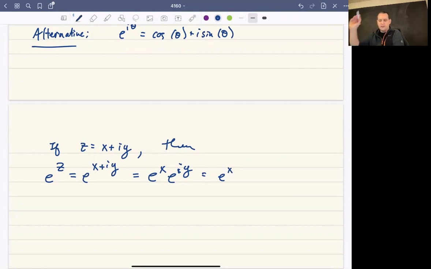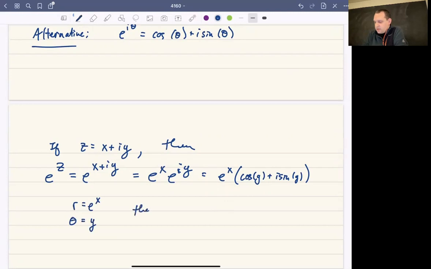It's just the usual e to the x curve. e to the iy is cosine of y plus i sine of y. And so if you think of this e to the x term as our r, and if you think of our theta term as y, then e to the z is really this complex number, and this gives us polar form. Okay, so this is the polar form of that quantity.